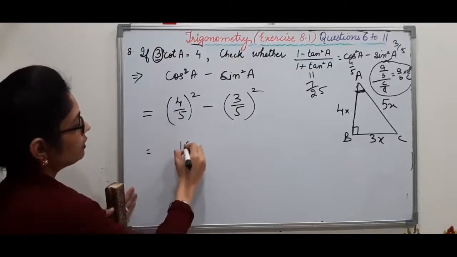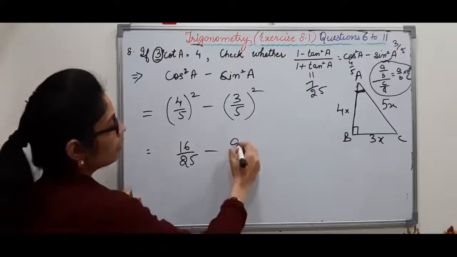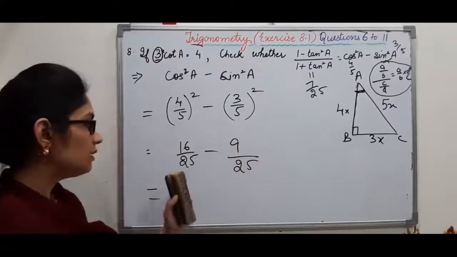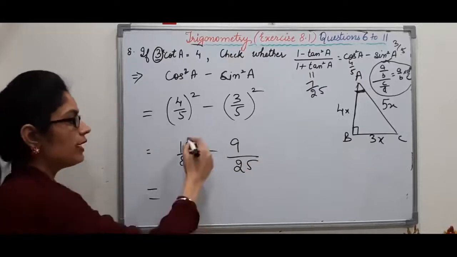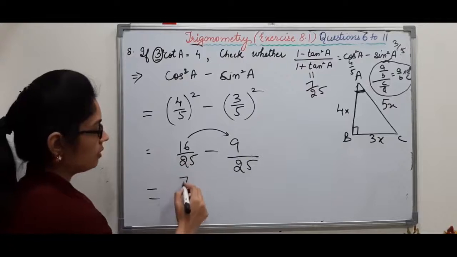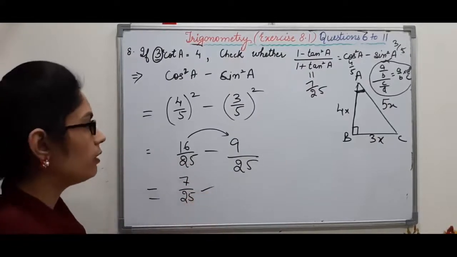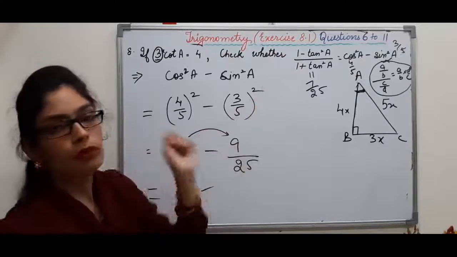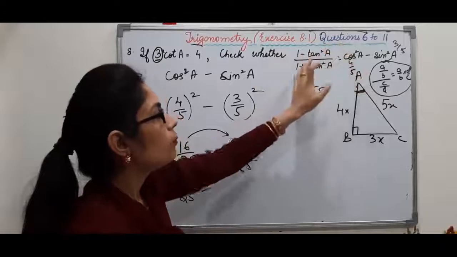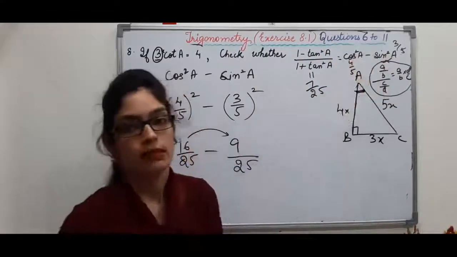So 4 into 4 is 16, 5 into 5 is 25, minus 3 into 3 is 9, 5 into 5 is 25. Now since denominators are the same, directly we can do the subtraction. 16 minus 9 is 7, denominator we write as it is, so 7 by 25. And on this side also we got 7 by 25, which means 1 minus tan square A upon 1 plus tan square A is equal to cos square A minus sin square A.